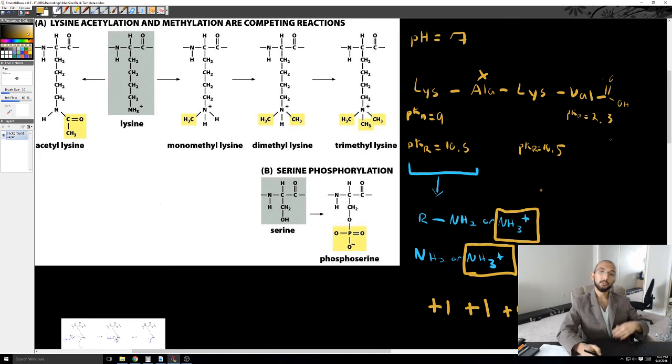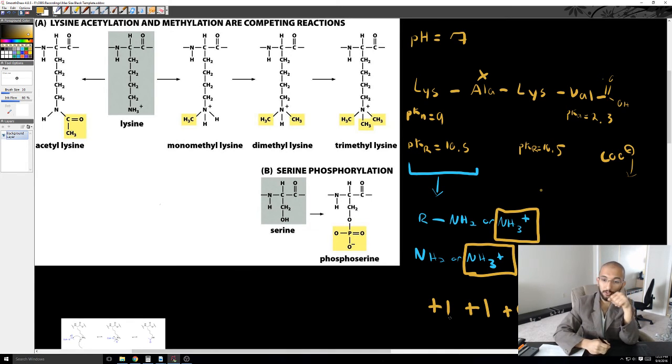What's the pH of solution? 7. So a pK of 2.3 means the carboxyl group isn't that strong, it's not holding on to the hydrogen much, it's pretty stable without the hydrogen. Whereas the pH of solution is 7, there's a dearth of hydrogen in solution, so the hydrogen is going to be ripped off and go into solution, and this valine carboxyl terminus is going to exist in the COO minus state. We bring down that minus and we have minus 1.